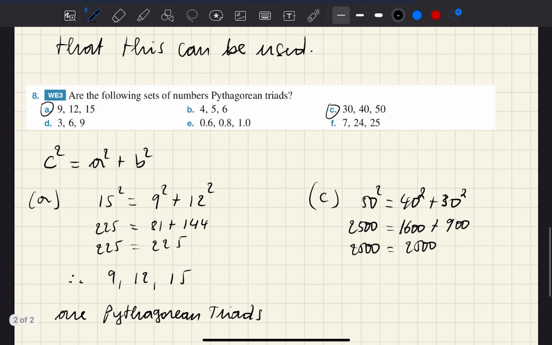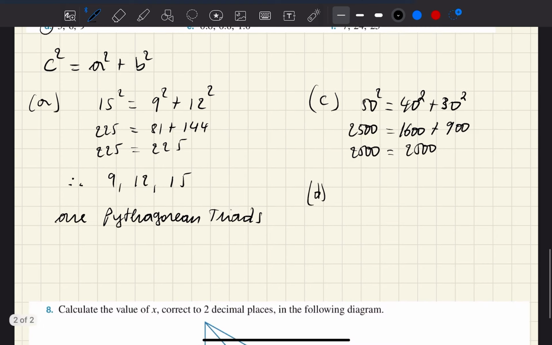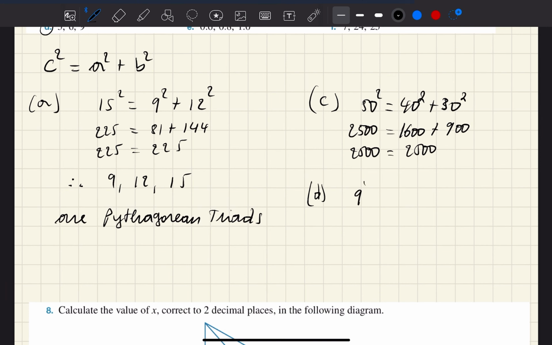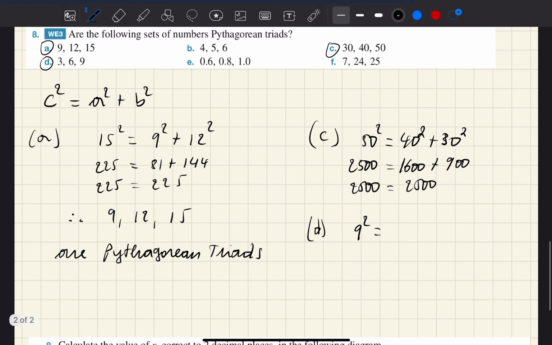I might squeeze in another one. Let's do D as well. D: we'll take 9 squared is equal to 3 squared plus 6 squared.